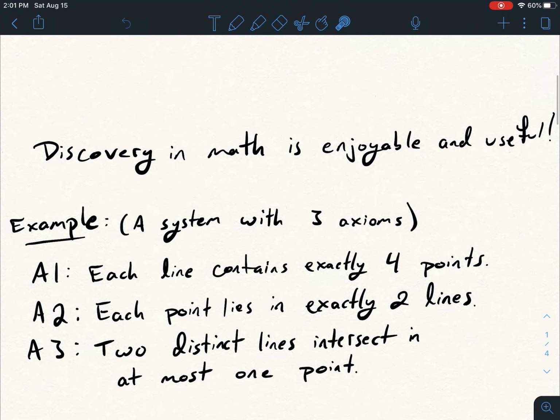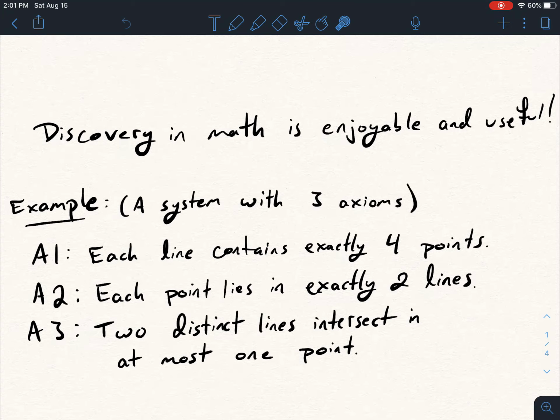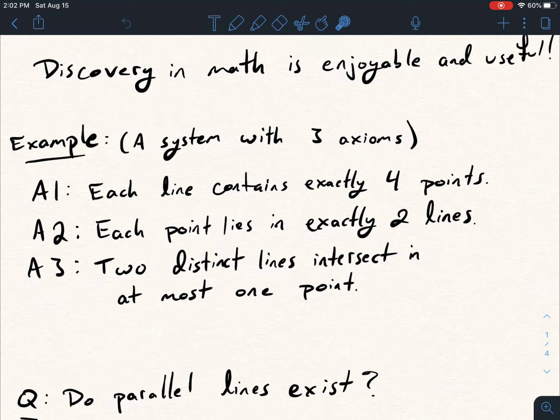Anyway, so lines contain 4 points. Points lie in exactly 2 lines, and 2 distinct lines intersect in at most 1 point. So that means that they're either going to intersect once or they're not going to intersect at all, which would mean they're parallel. Parallel lines means that they don't intersect. So one question that you might have in the beginning is, do parallel lines even have to exist?